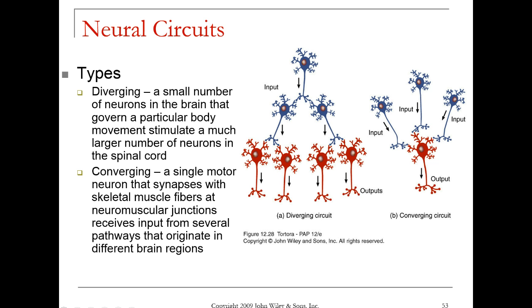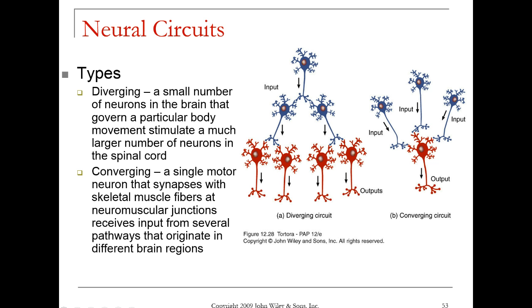Here we see an example of two of the neuronal circuits, the diverging circuit and a converging circuit. And these names make perfect sense. In a diverging circuit, you start off with a small number of neurons that govern a much larger number of neurons elsewhere in the body. So you have one neuron maybe will branch and synapse with two neurons.